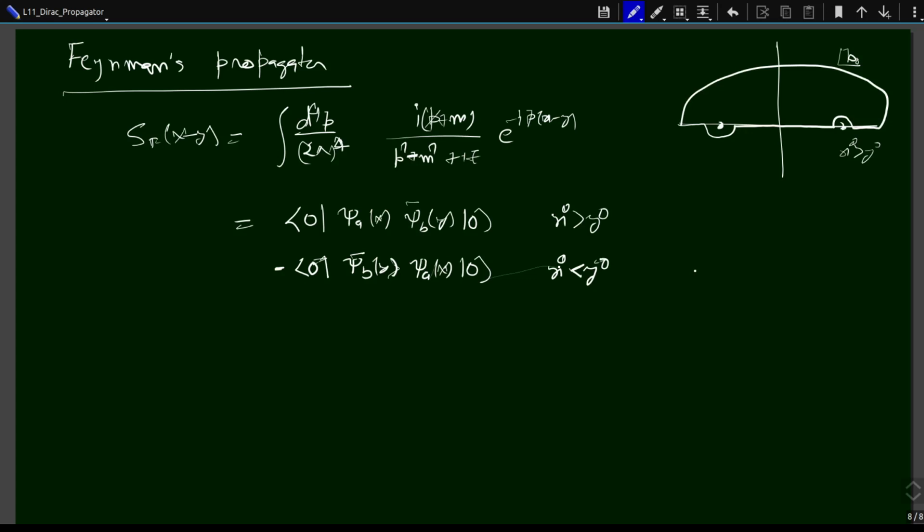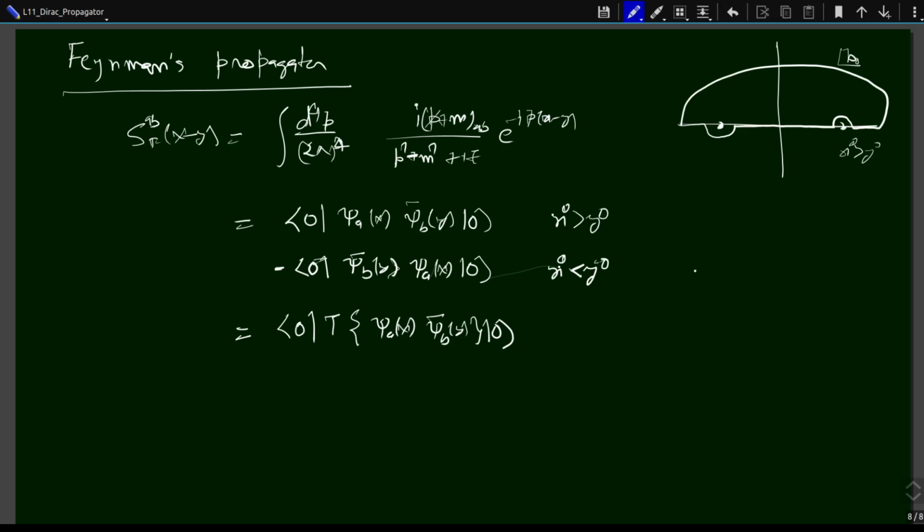Which in other words is <0| time ordered product of ψ_a(x) ψ̄_b(y) |0>. Here I'm talking about the ab-th component. So this is how the Feynman propagator would work.